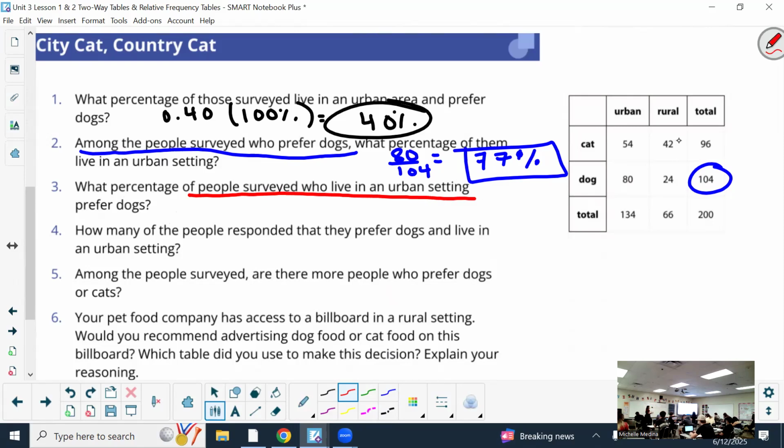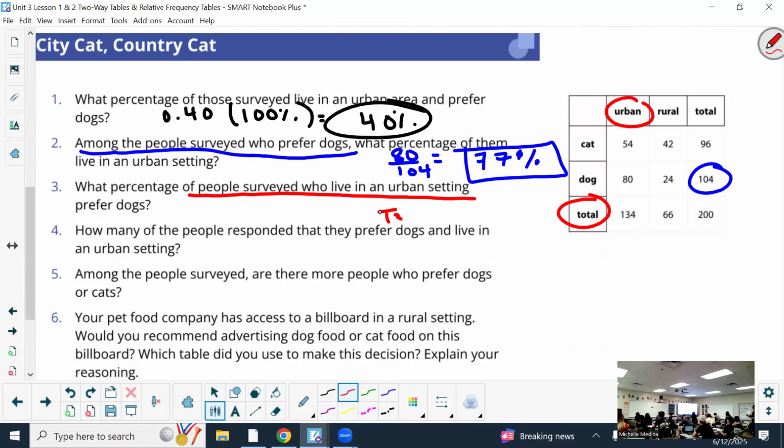So Kyle, how many people live in an urban setting in this? How many total people live in this urban setting? That's total people that like cats. What about the total people that live in an urban setting?